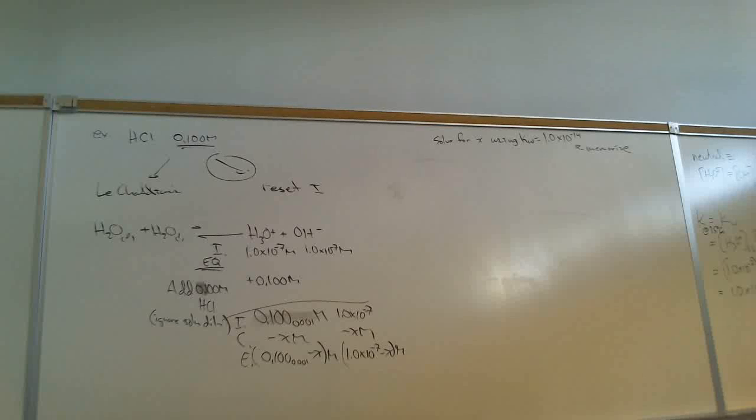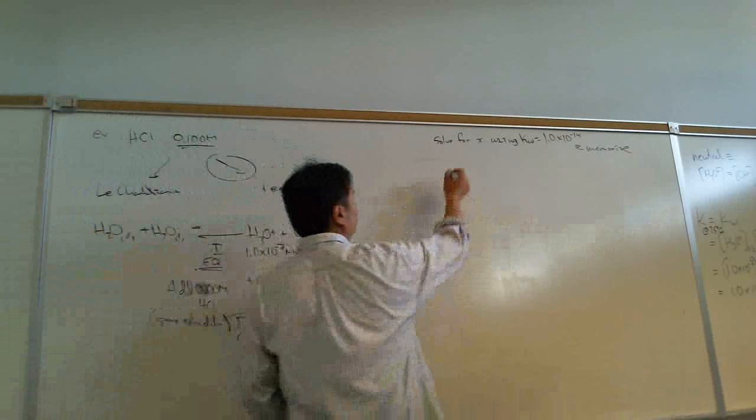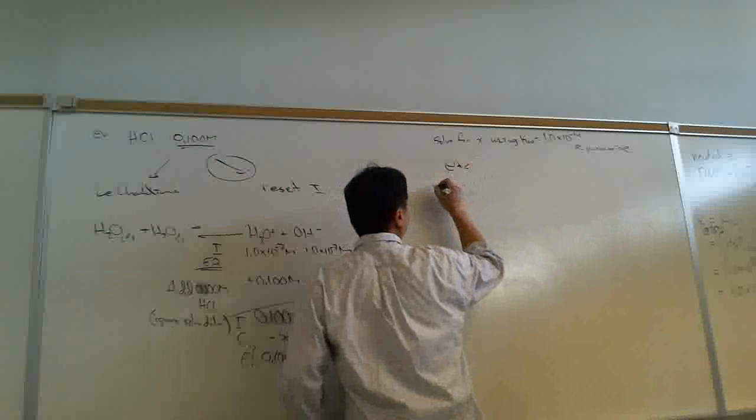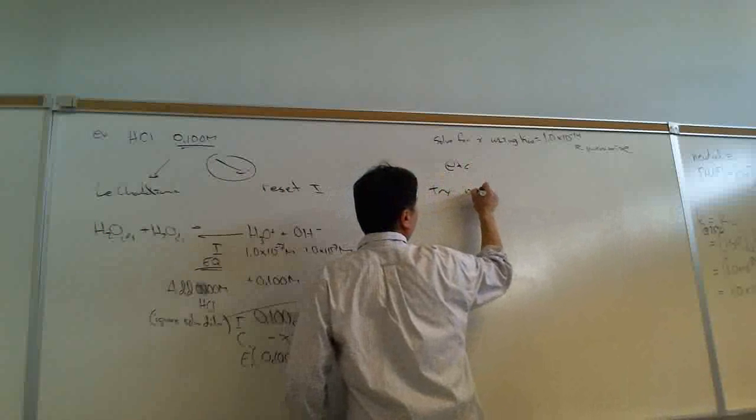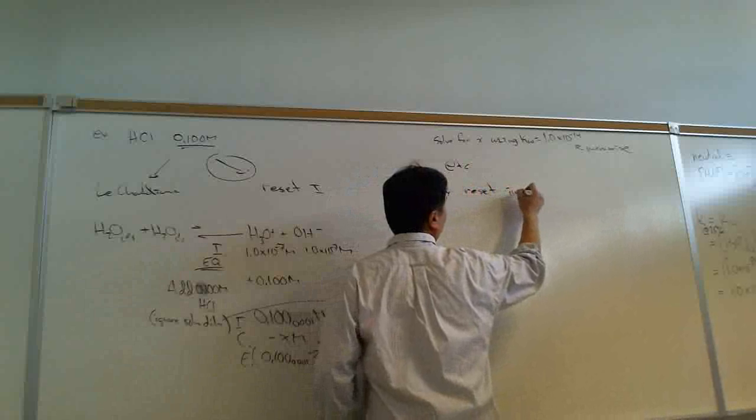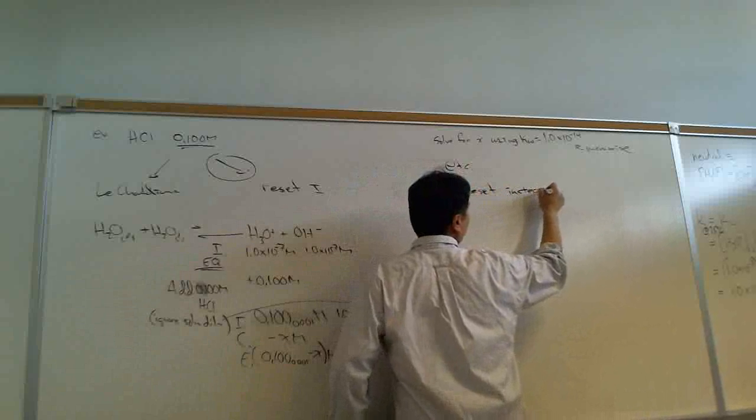This Le Chatelier's approach, basically we aren't going to do any problems like this, because it's much easier just to reset. Okay, try reset instead. You'll see it's much easier.